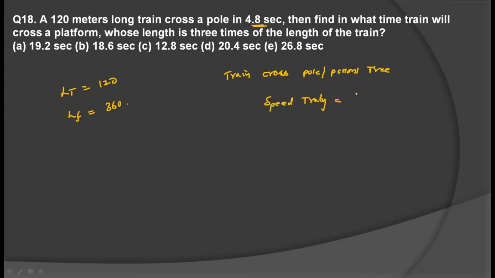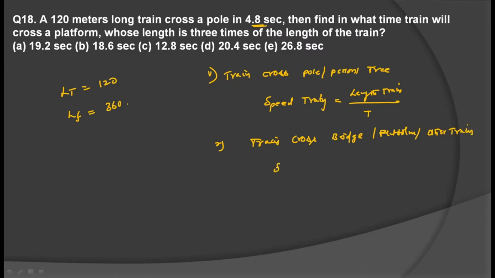Speed of the train depends on the length of the train divided by the time taken to cross that particular object. A train crosses a platform or any other train. Now here speed of the train can be calculated as the length of the train plus the length of the object divided by t.